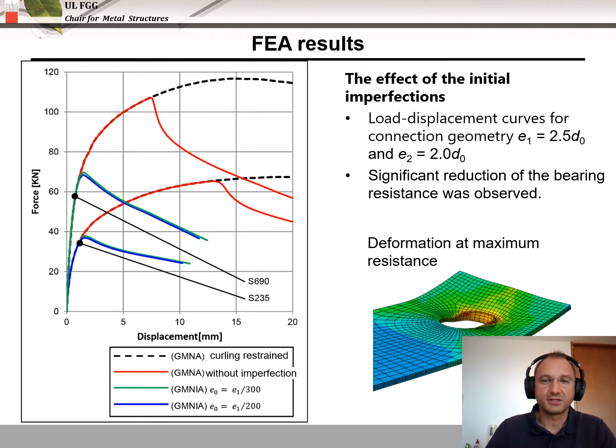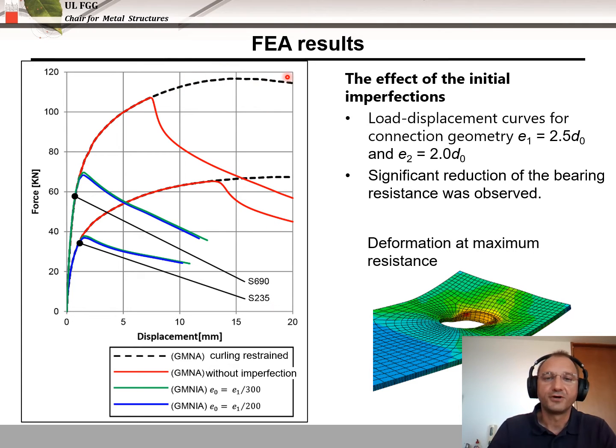The graph presents load displacement curves for a connection with end distance equaling 2.5 d0 and edge distance equaling 2 d0. Two types of curves are shown, for high strength steel and for mild steel.